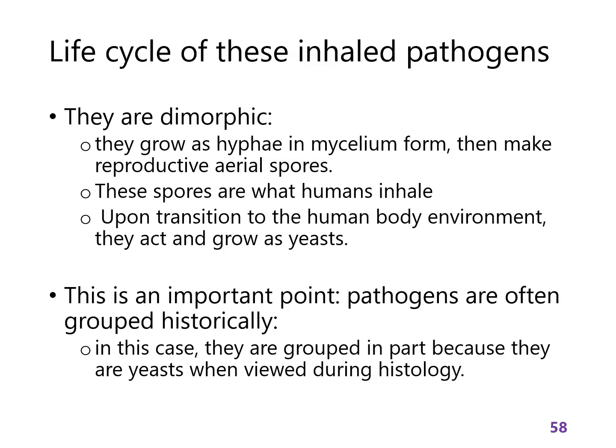And that's what we inhale. And once they're in our lungs, they switch and start growing as yeasts. So they act as single-celled organisms once they're in the body. And that's the main reason we group them together, because these are historically seen as yeasts that we would find in the blood or in the tissues. So again, they are typically grouped together.